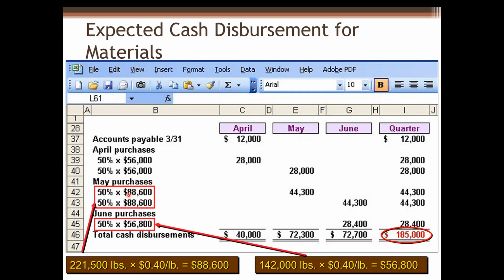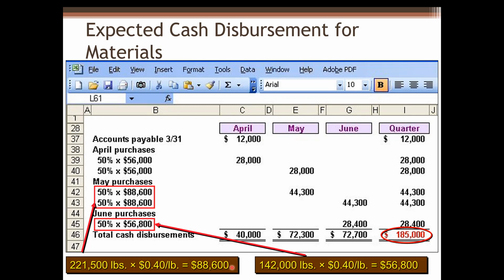For May purchases, from the direct materials budget table, materials to be purchased are 221,500 pounds. For each pound, the company pays 40 cents.